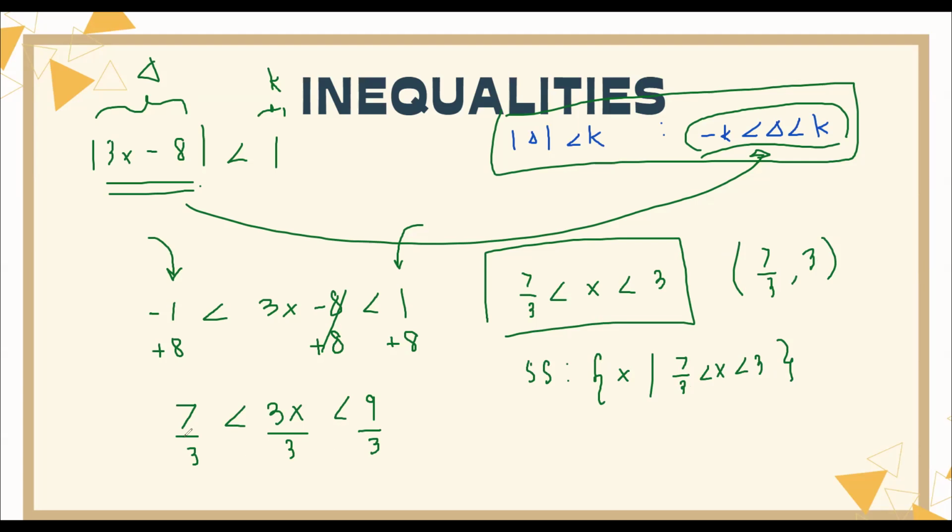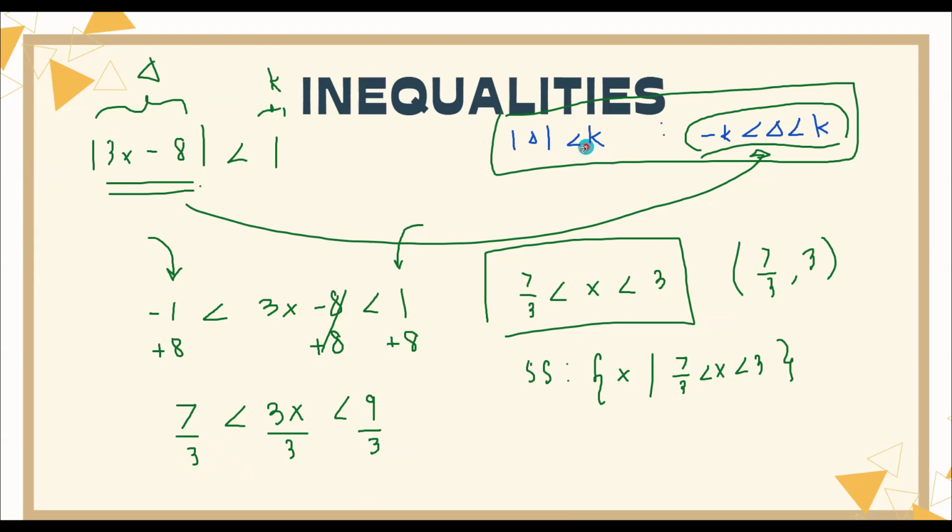Kasi this is 3x, right? So we need to cancel 3. In order to do that, we need to divide it by 3. So we divide left and right by 3 as well, para ma-isolate yung x. Yung sa 3, kung saan ito nanggaling? Ito po, 9 divided by 3. Okay po.